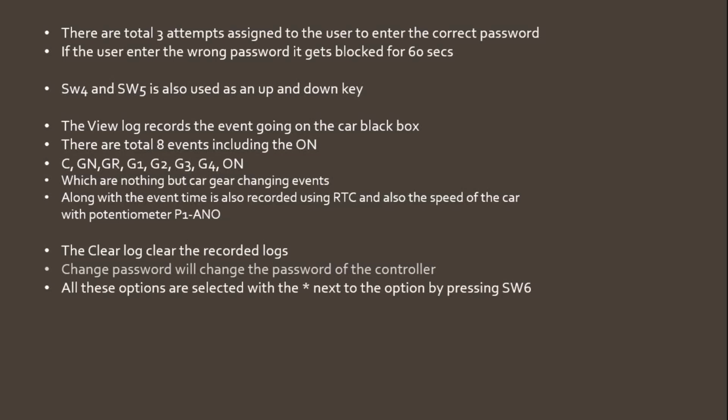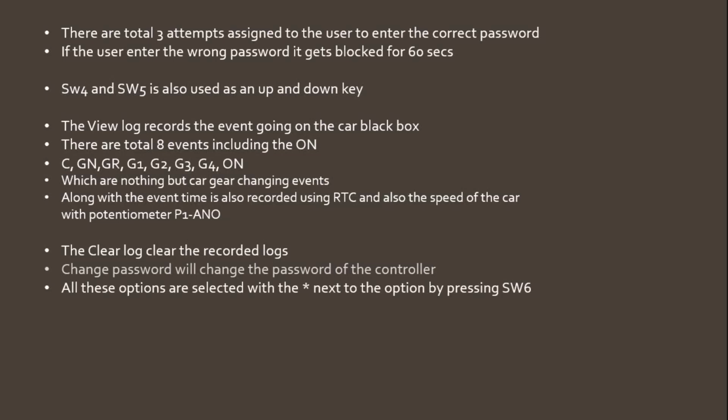The view log records the events going on in the car black box. There are a total of 8 events: ON, C, gear neutral, gear reverse, gear 1, 2, 3 and gear 4, which are nothing but car gear changing events.